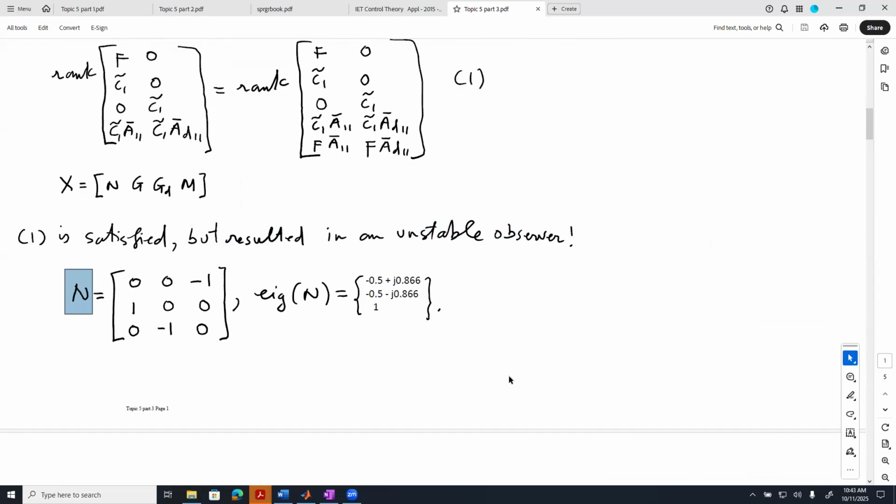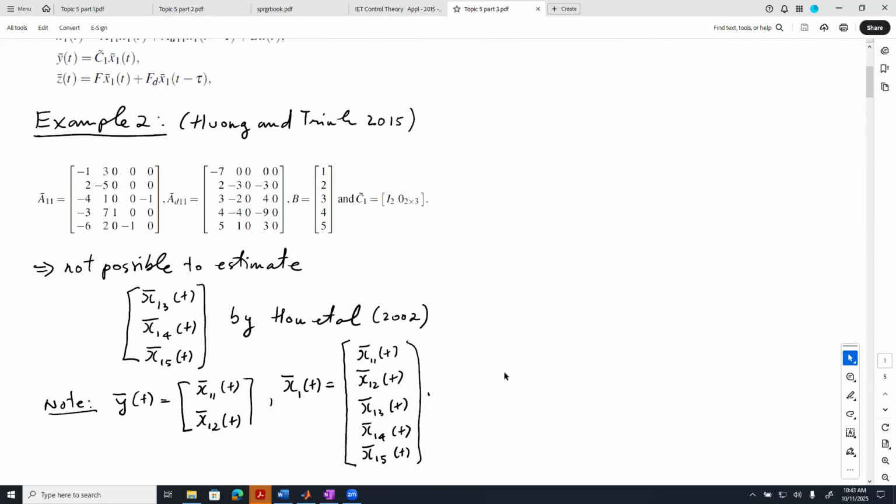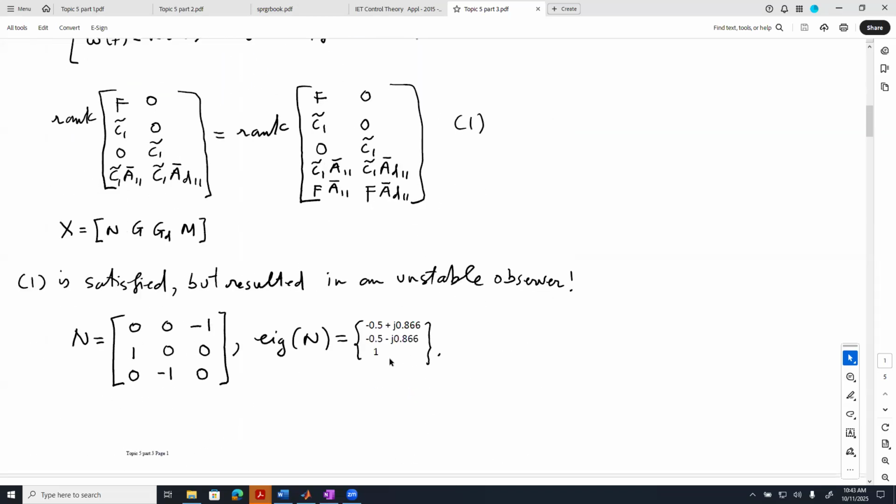And so that is why, if we want to estimate the three stack variables here instantaneously using an observer without internal delay, it is not possible due to the existence of a fixed unstable pole in there.